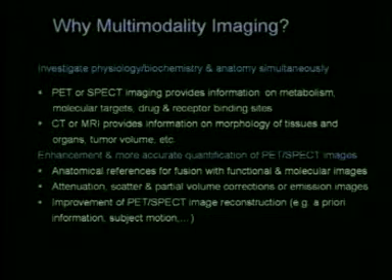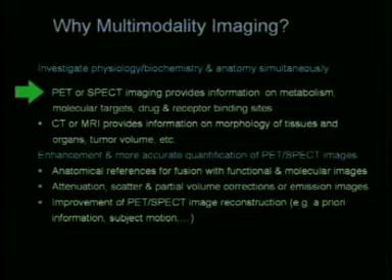For example, you want to study anatomy, you do a CT and MR, maybe an ultrasound. But if you want to study the physiology of a particular tissue, you need to go to PET or SPECT and things like that. So in a given situation, you couple the anatomic information you get from CT and MR with the physiological information you get from, say, PET-CT.